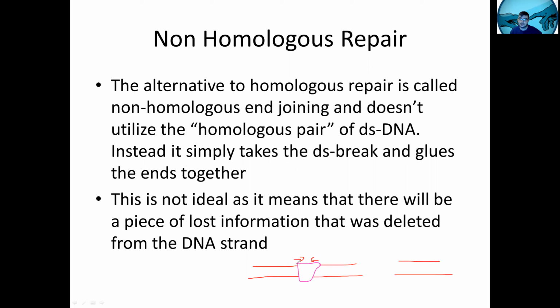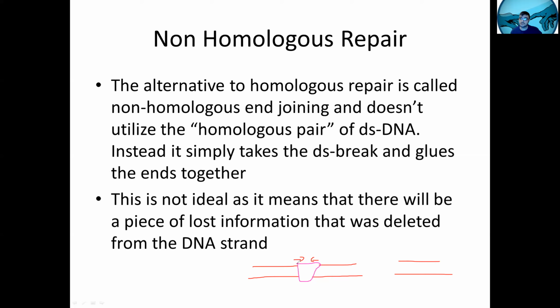This is bad because that could lead to things like frame shifts, because if a number that's not a multiple of 3 got deleted in this double-stranded break, it could lead to frame shifts, which change the whole codon sequence, which could lead to a completely different protein than was intended.